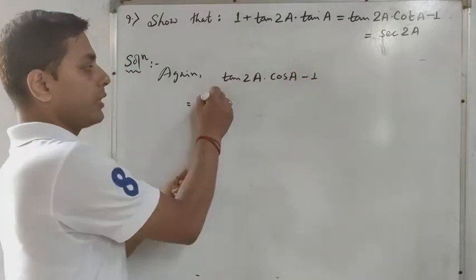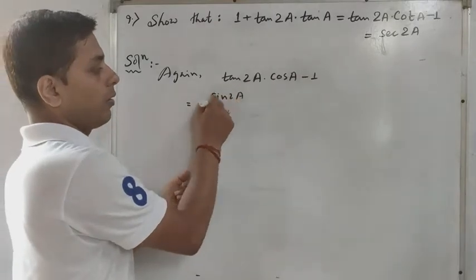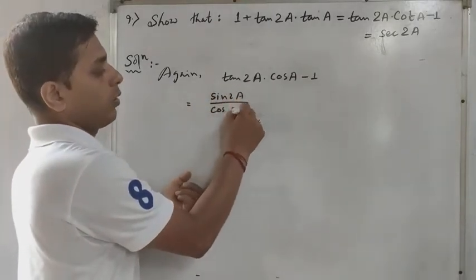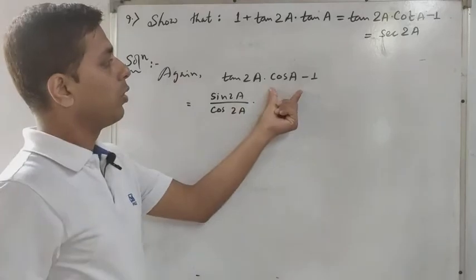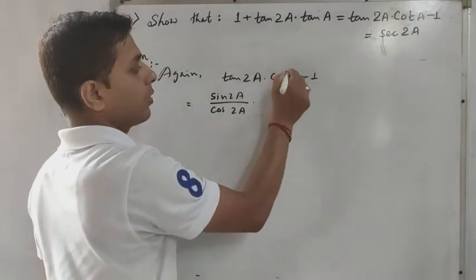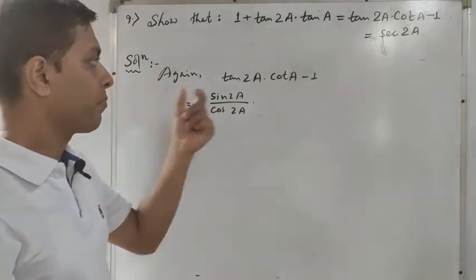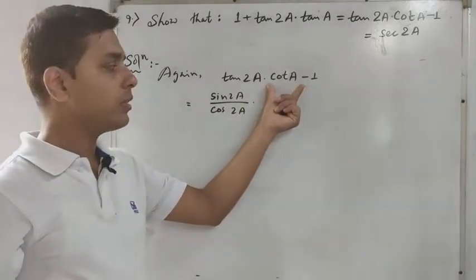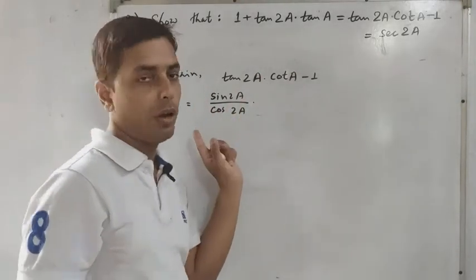It is sin twice a by cos twice a into, sorry, that is cot a. Cot a is the reciprocal of tan a.